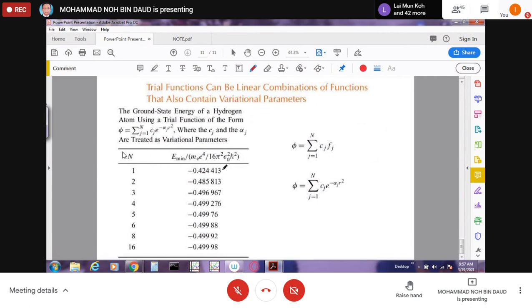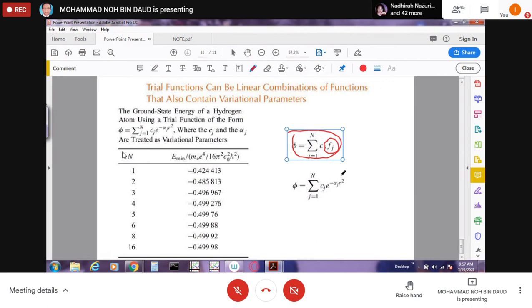So the trial function also, in modern quantum chemistry or computational chemistry, this linear trial function here, this is a summation over the number of basis functions.